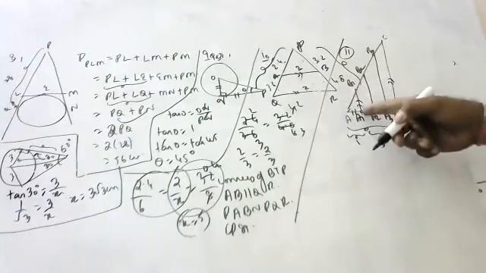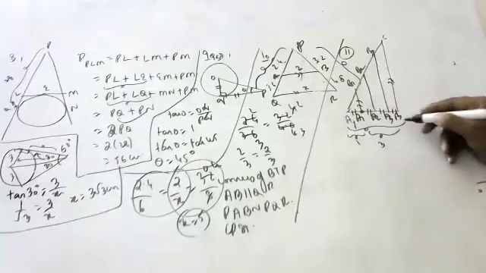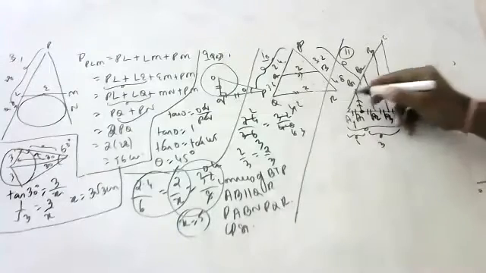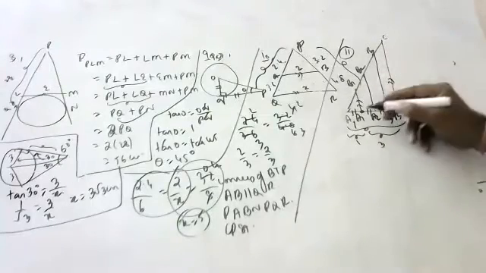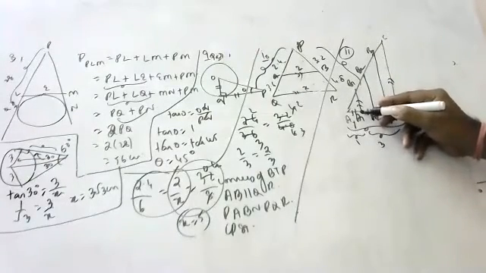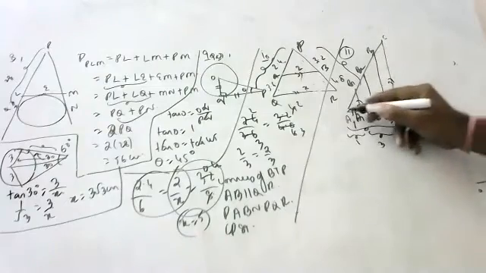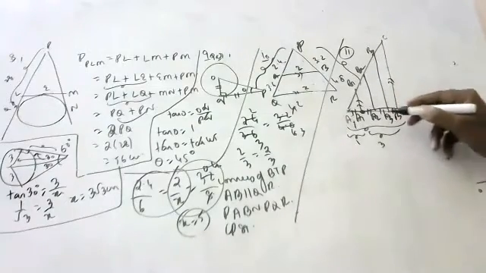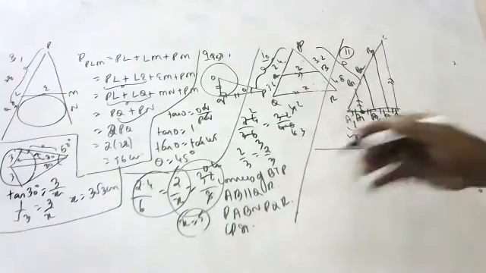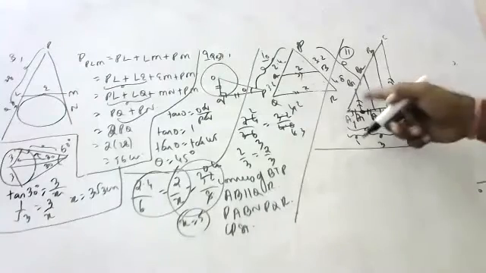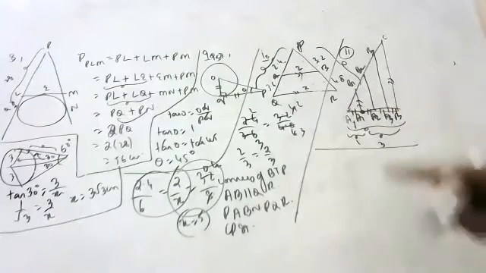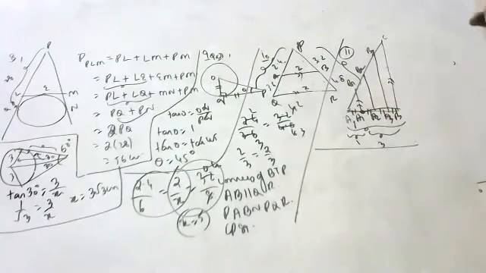So this is 1:3. A1 is dividing AB in the ratio 1:3, because they are parallel, by BPT. That's all.